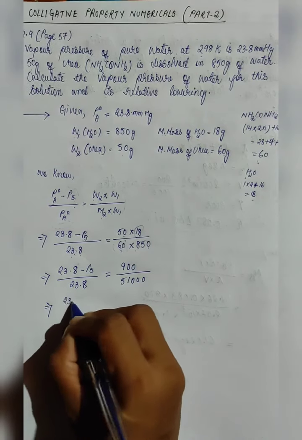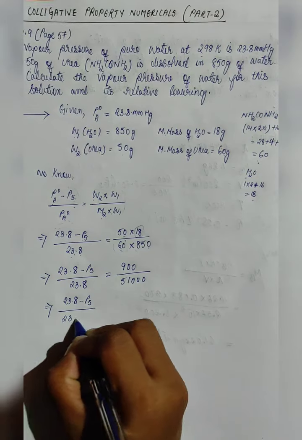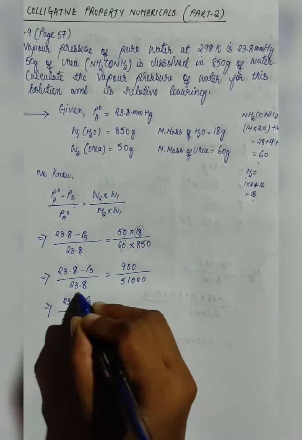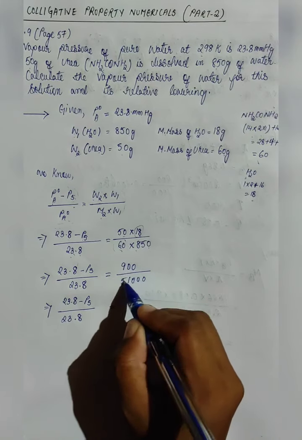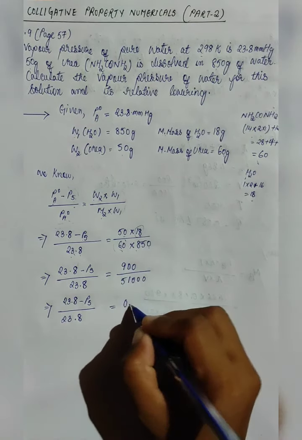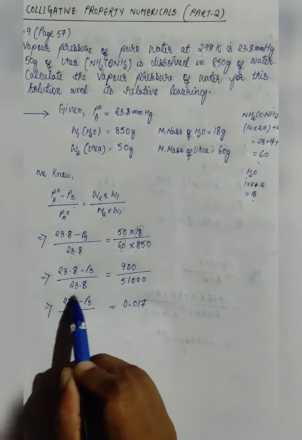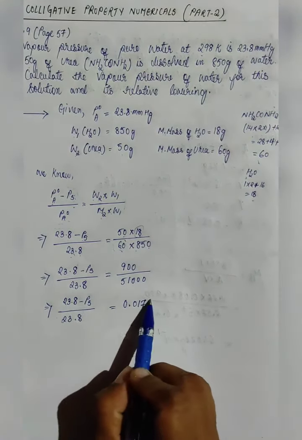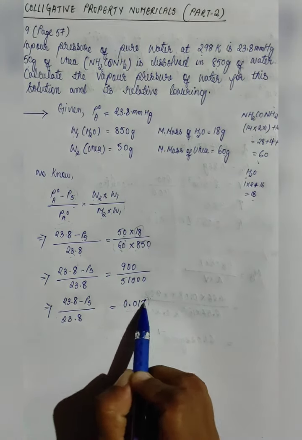Our first motive is to find the relative lowering of vapor pressure. This whole value is the relative lowering of vapor pressure. Upon division, we will get 0.017. We got the value for relative lowering of vapor pressure as 0.017.